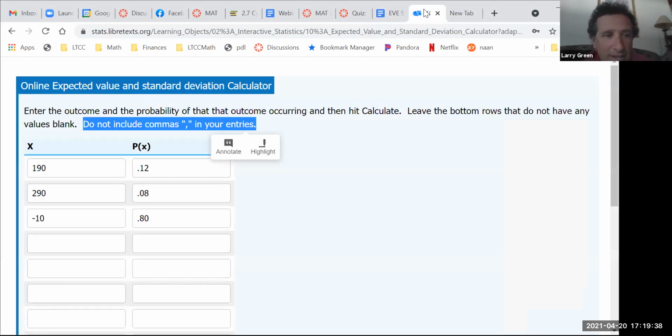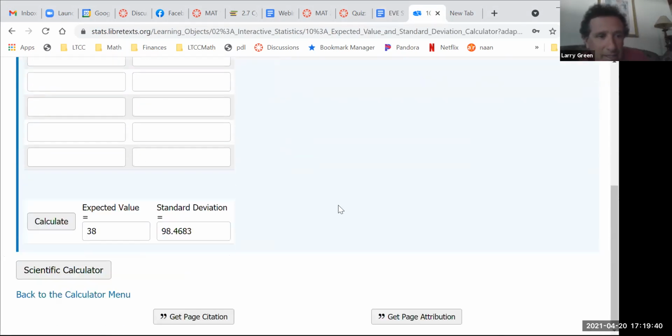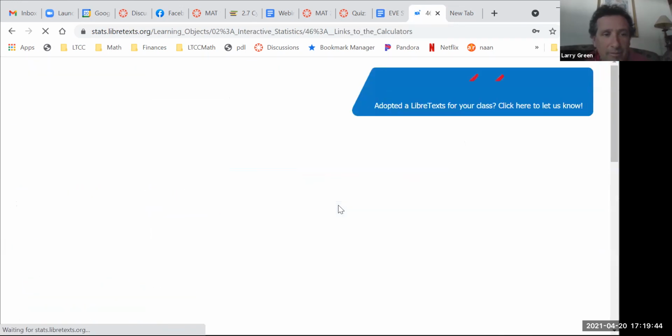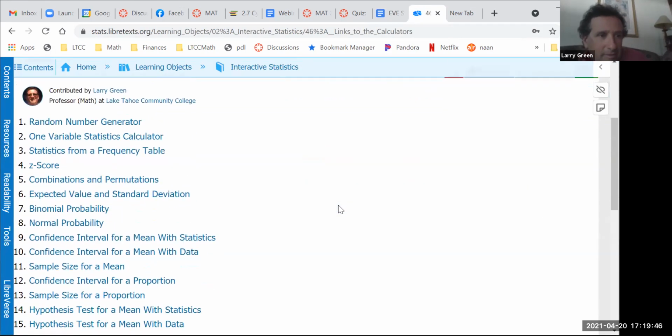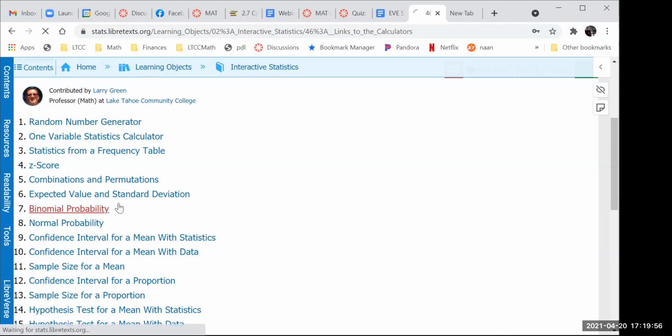As I mentioned, I tried to make it easy. So I'm going to drop back to the calculator menu. And as I mentioned, I did everything in order. So what number do you think we're going to? Number 7. Okay.